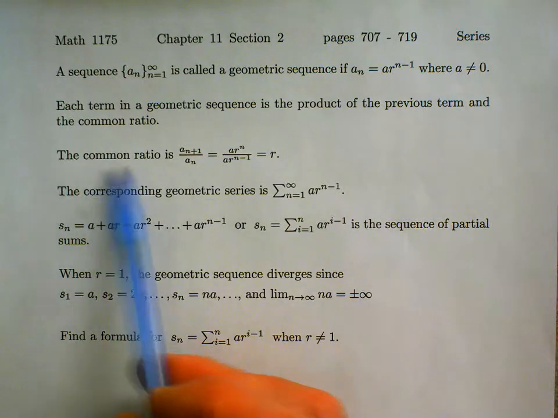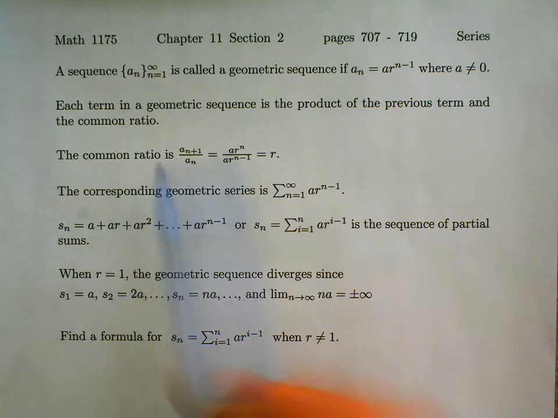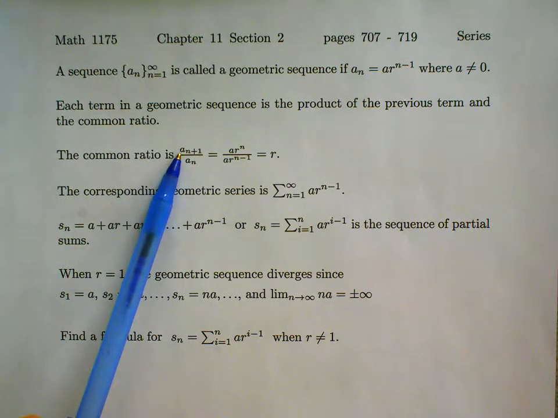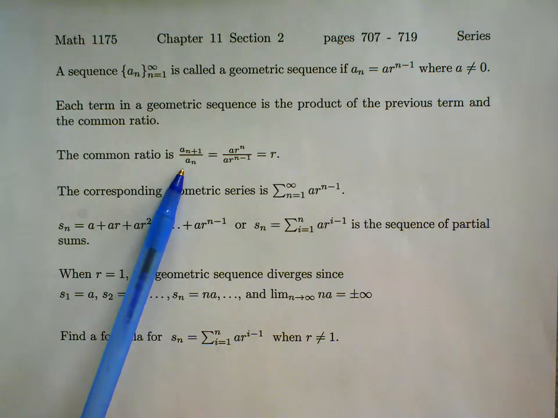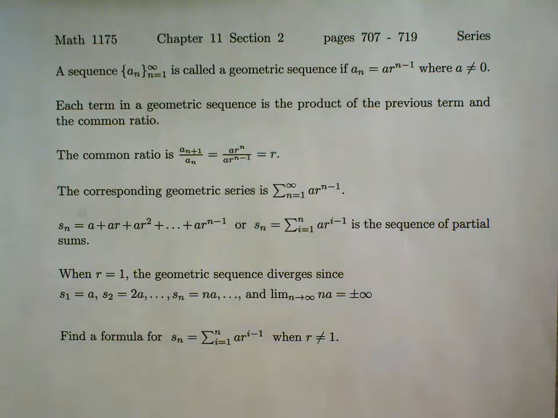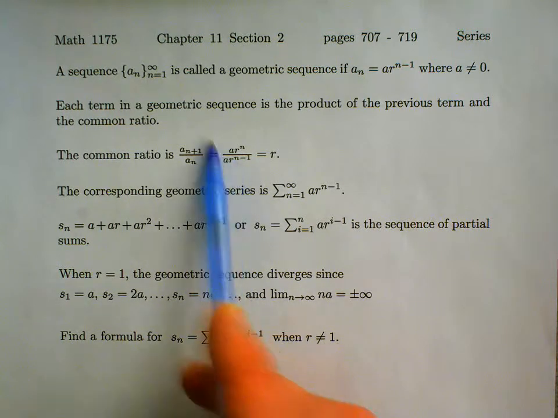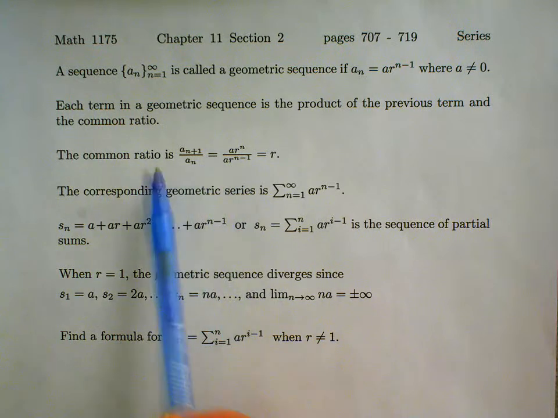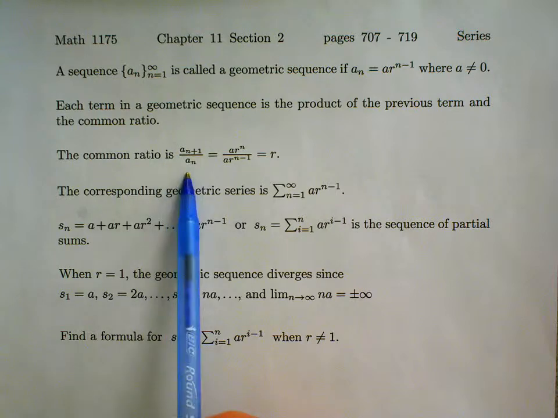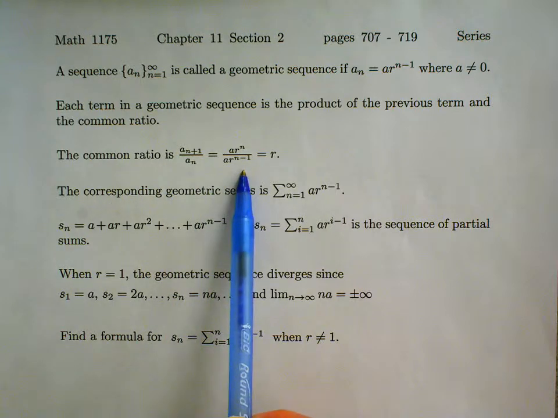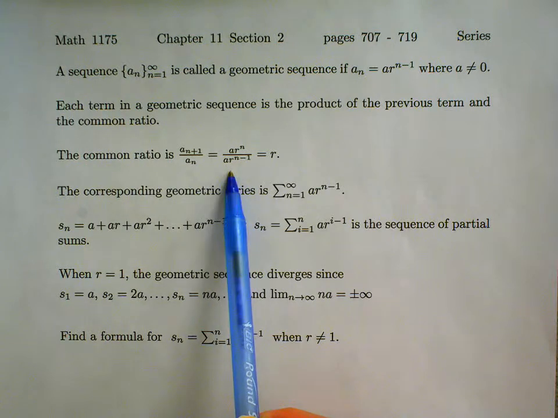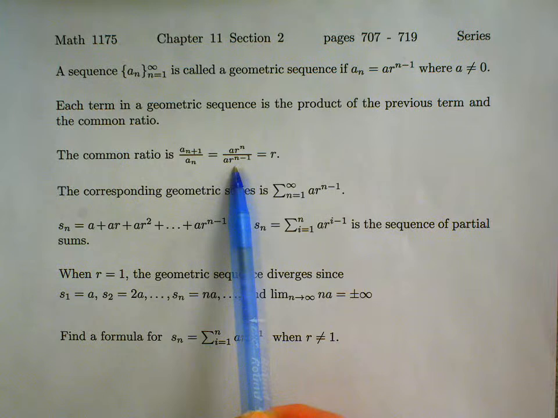So we can find the common ratio in a geometric sequence if we divide a sub n plus 1 by a sub n. This just represents any pair of consecutive terms from the sequence a sub n. So a sub n plus 1 is a times r to the n, and we're dividing by a sub n, which is a times r to the n minus 1.